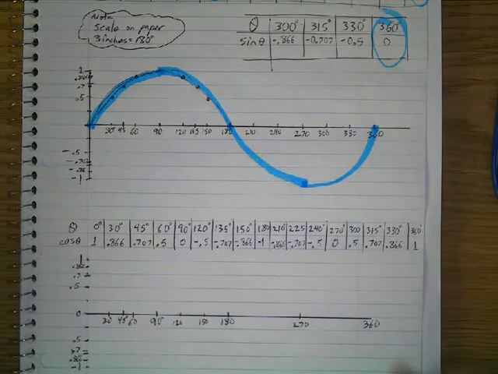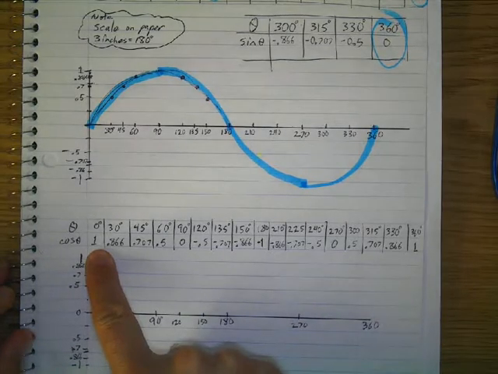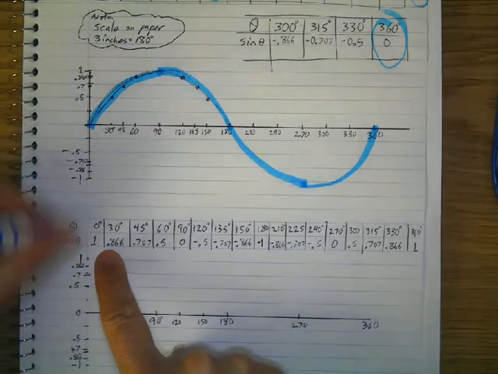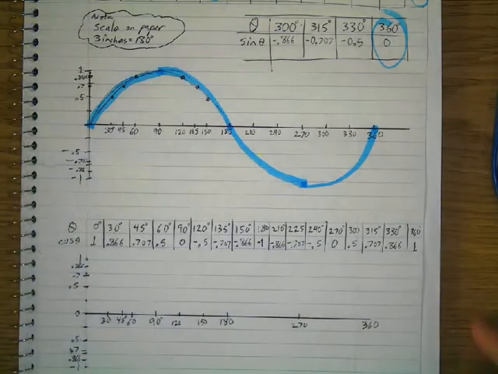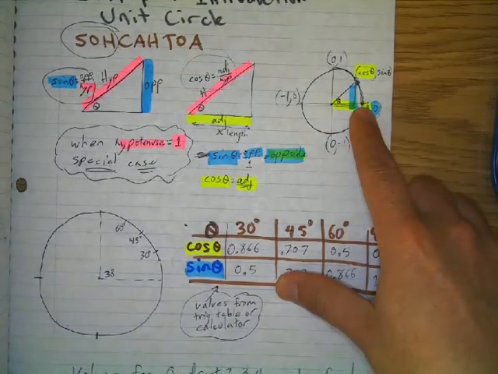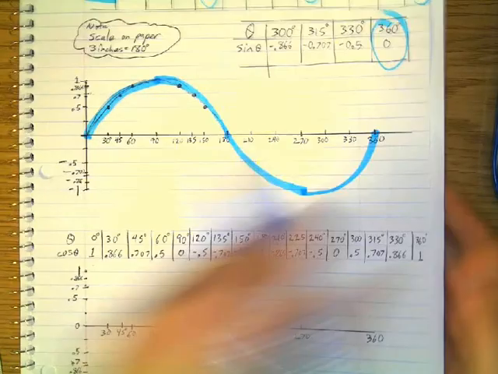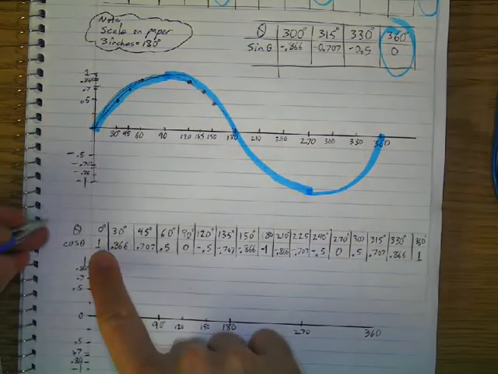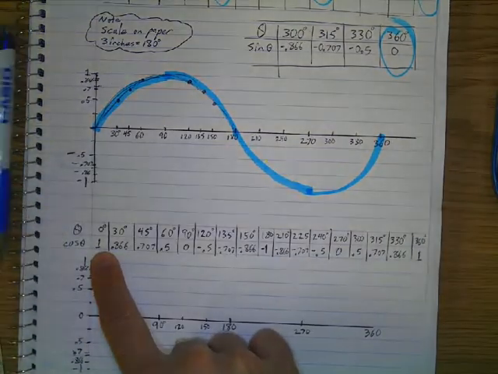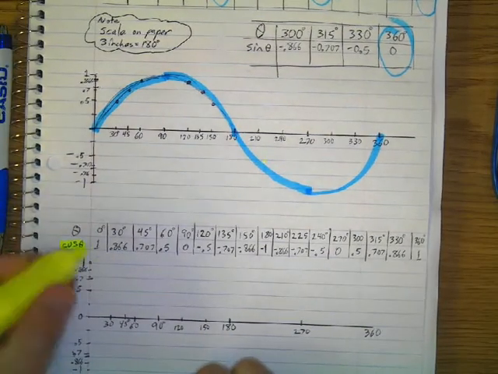Okay, so let's plot these points. So for cosine, we start at 1, and that should make sense because at 0 degrees, cosine is equal to 1. If we go back to my circle, at 0 degrees, the height is 1, right? So if I'm plotting cosine with respect to the angle, we start off up here.